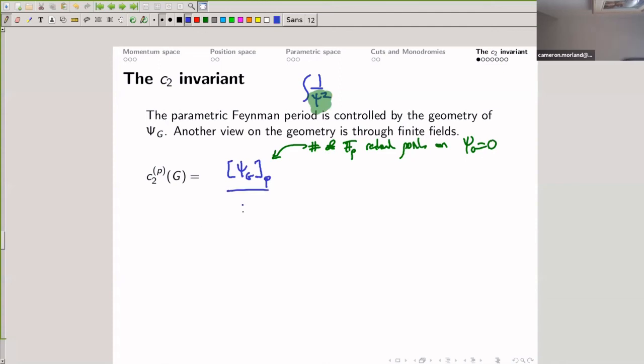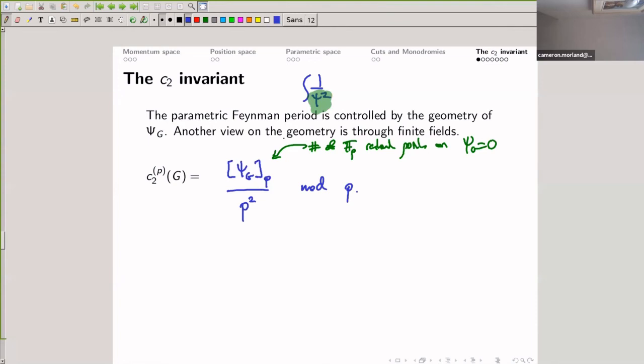If your graph has at least 3 vertices, this will always be divisible by p squared. So let's divide it by p squared, and take this modulo p. And now, why is this called C2? And what the heck is this all about? So the idea is you're turning this into something that's some sort of combination of counting and number theory, and so readily pretty computable. But it should still be telling you about the geometry.